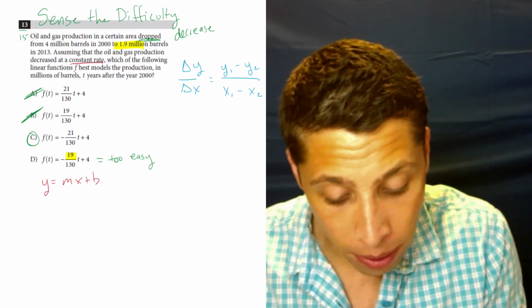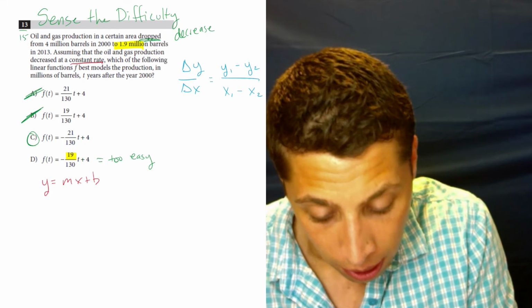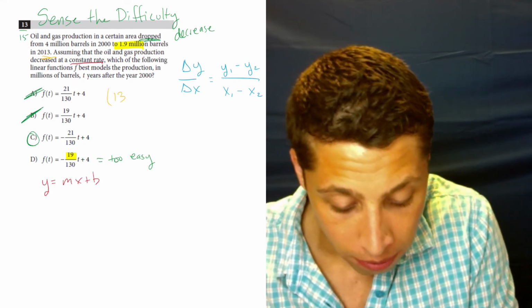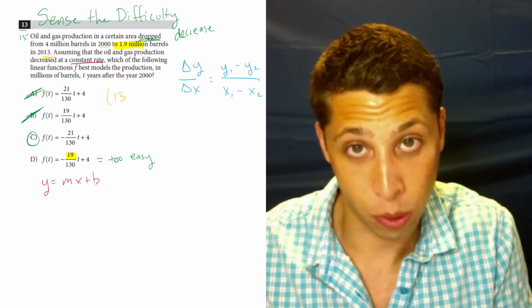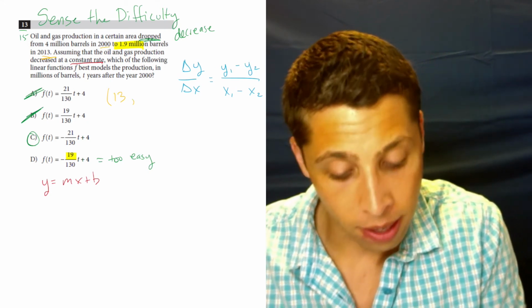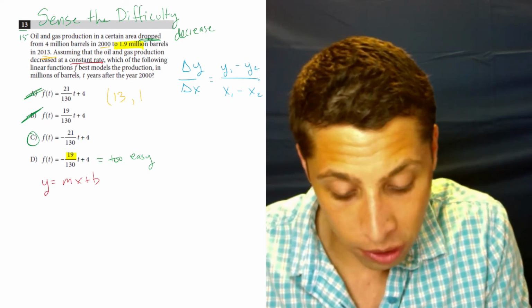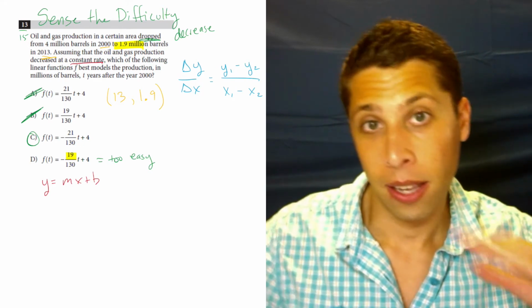The yellow, that 1.9 is one of them. That point would be, the t would be 13, right? Because it's from 2000 to 2013, so that's 13. And the y, the f, is going to be the number of barrels. So let's just say 1.9. We can ignore the million because it's the same unit.